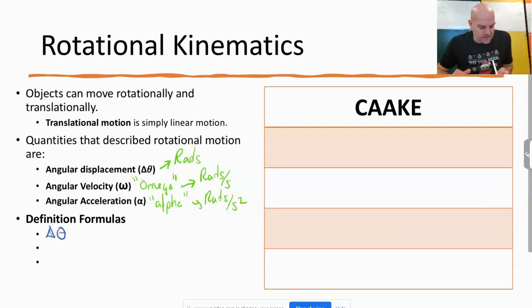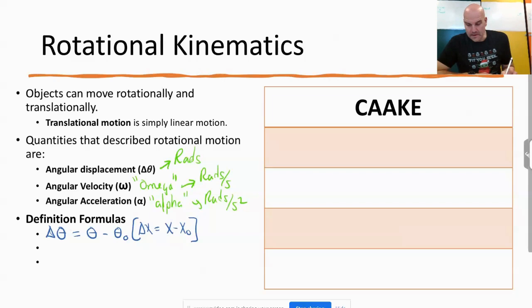So first one, angular displacement. Well, it's simply your angular positions subtracted, just like when we did straight line, it was delta x equals x minus x0. So it's the same thing. And then we have angular velocity. When we change position with respect to time, that has the equivalent of delta x over delta t.